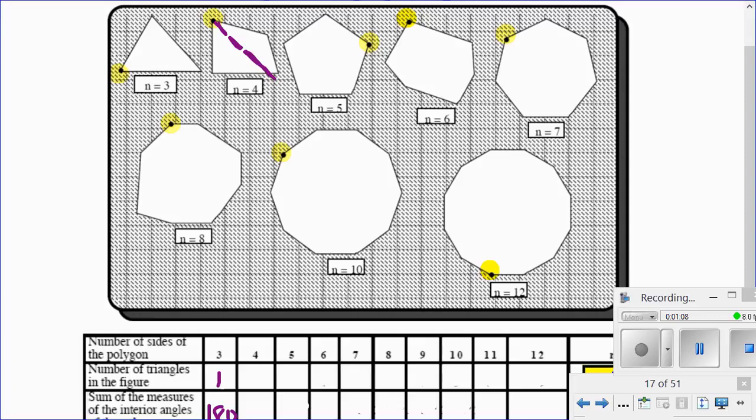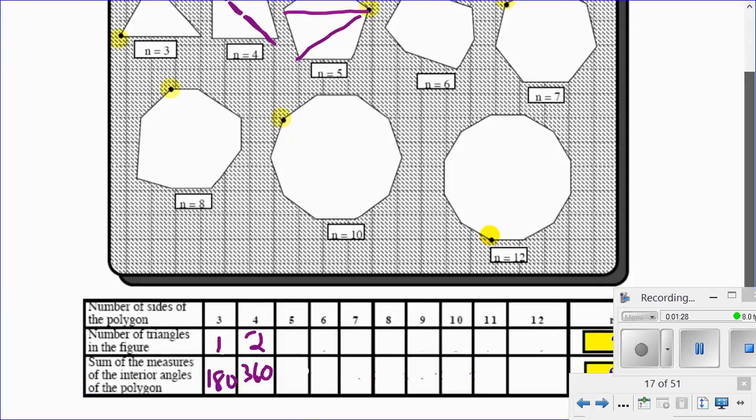There are two triangles, and two triangles means 360 degrees. So, continuing on with that pattern, if I draw the diagonals, there's 1, there's 2. For a pentagon, 5 sides, I see 3 triangles there.